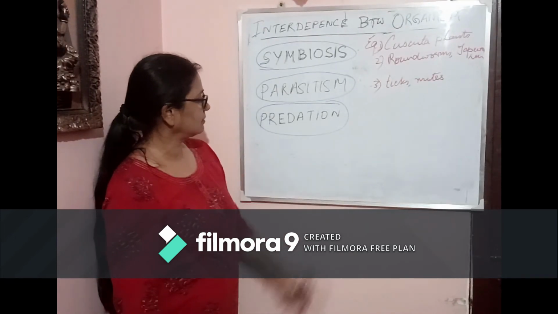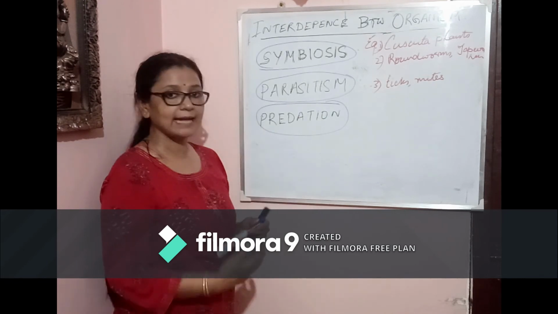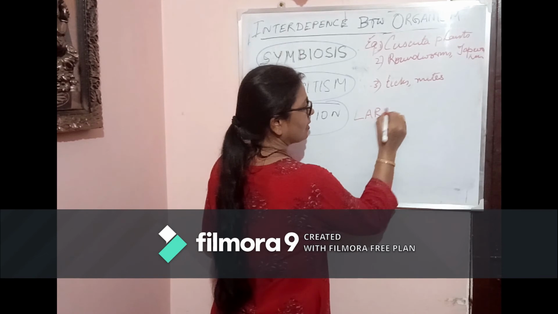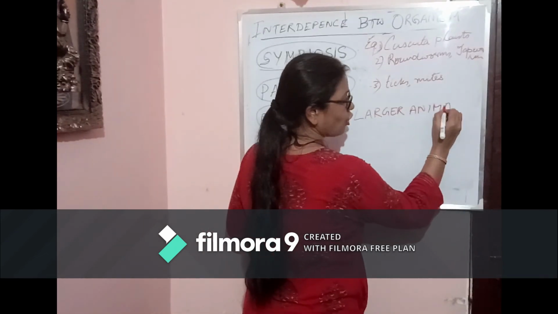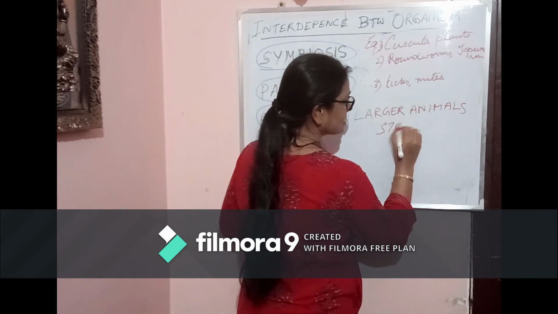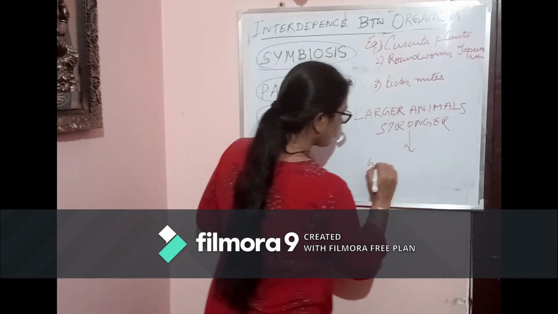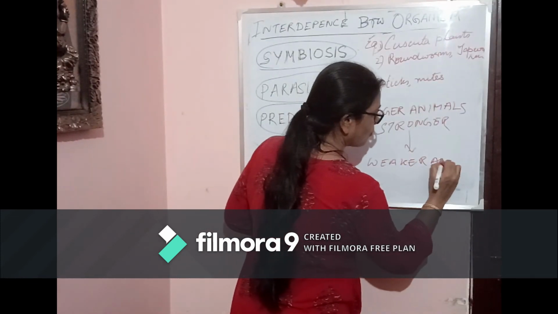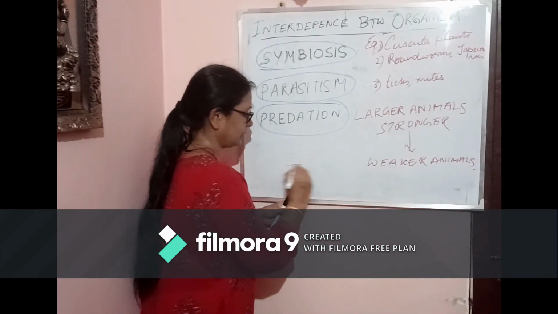Coming to the third, predation. The name itself is suggesting that predators means larger animals, which are stronger. So they are thriving on weaker animals for food. For example, what?